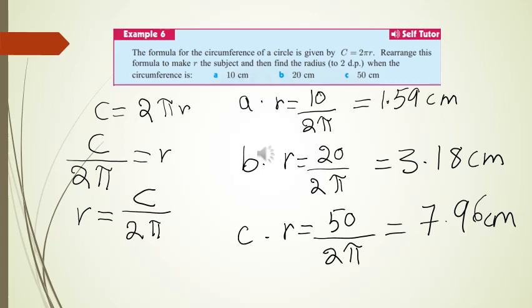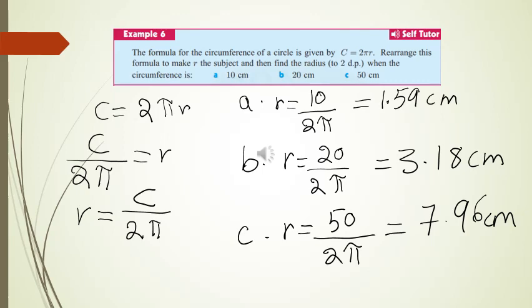And then we will bring the r, which is the radius, to the beginning of the formula. So the radius will be equal to circumference over 2 pi. Then we have the formula ready to substitute for the circumference and the pi in order to get the radius.